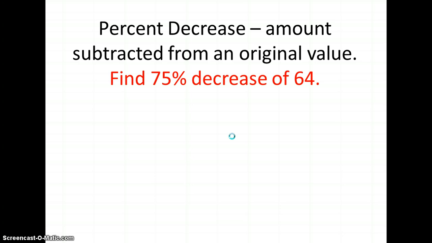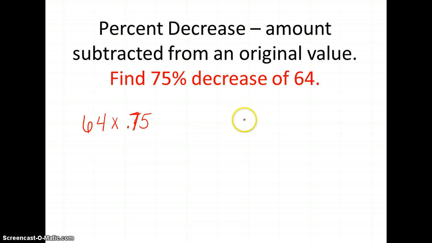Percent decrease is the amount subtracted from an original value. So if I wanted to find 75% decrease of 64, I would again, just like when I'm finding percent increase, find the percent of the original value. So I would have to find 75% of 64. And again, this can be done in two ways.